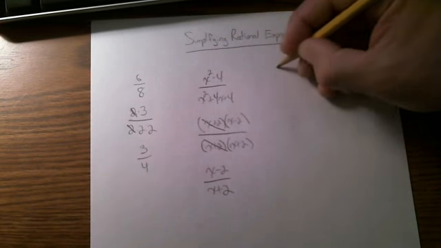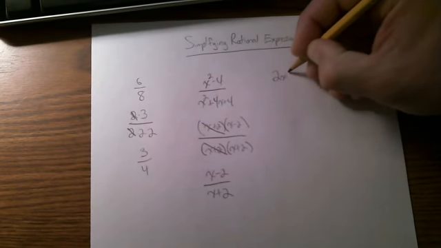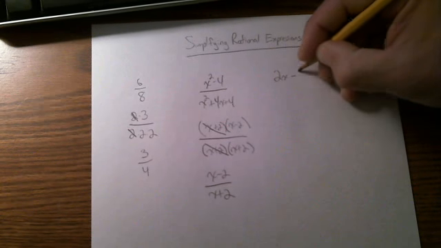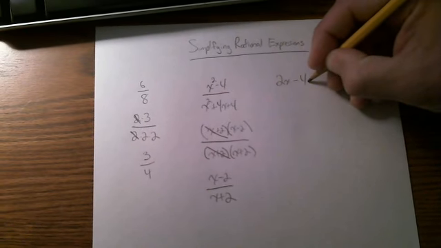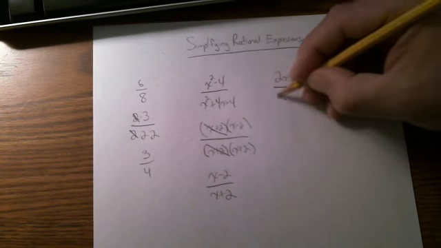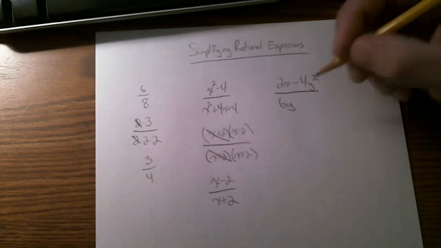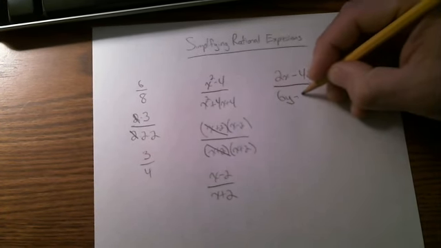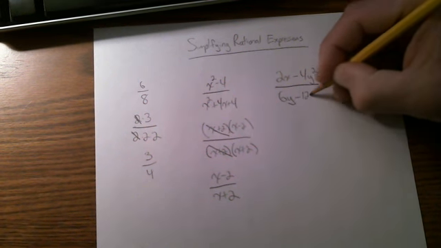Okay, let's say we had 2x minus 4y squared over 6y minus, let's say, 12x squared.